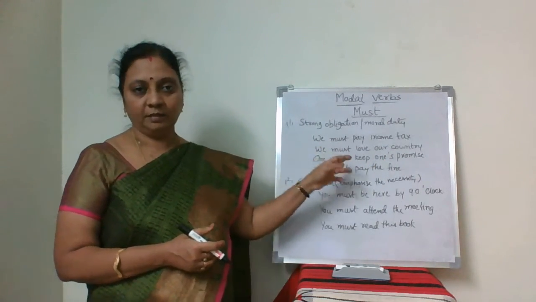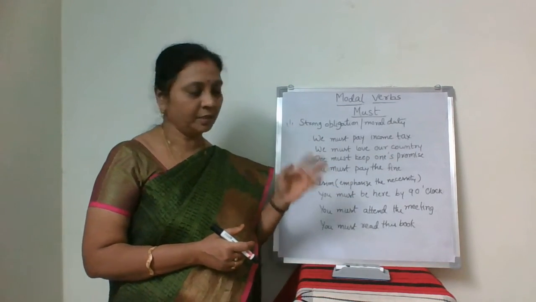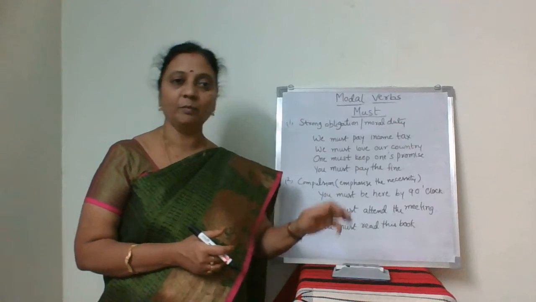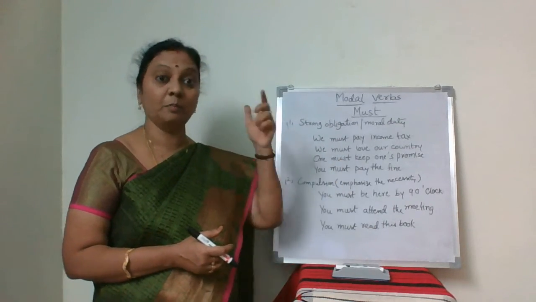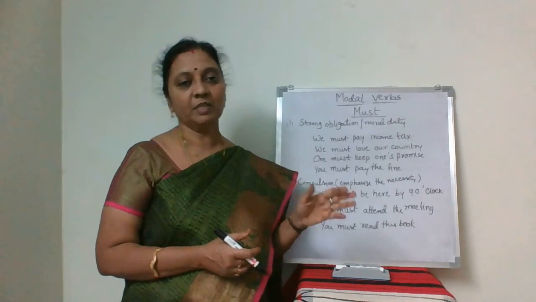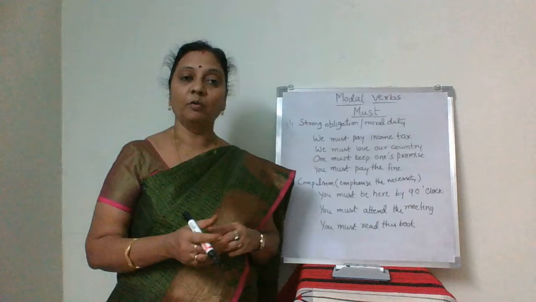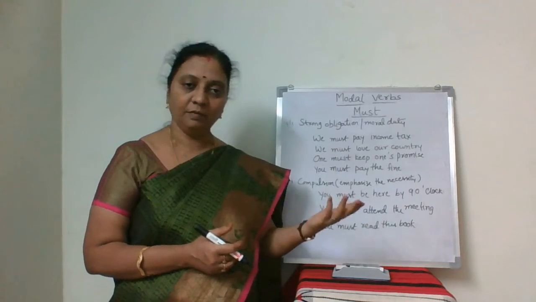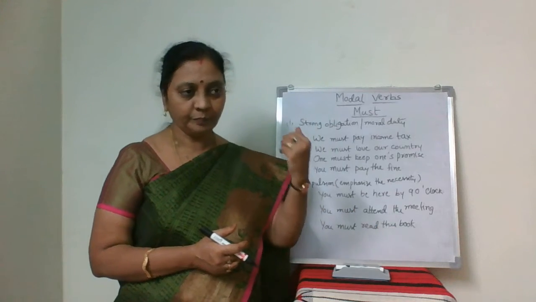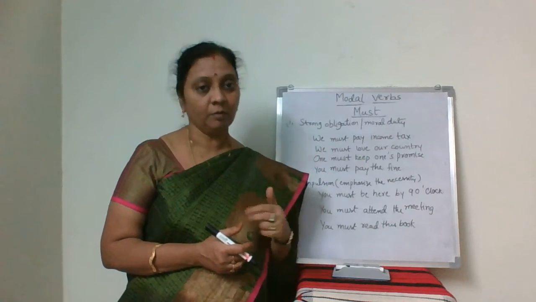Many times I have explained this. One must keep one's promise. If you promise something, you must keep your promise. In such a case also, must. One should keep one's promise, one must keep one's promise. Sometimes for the same situation we can use should also, or in some cases other modal verbs are also possible.